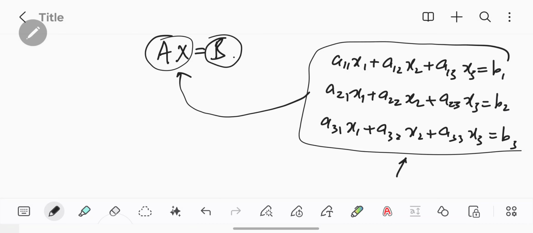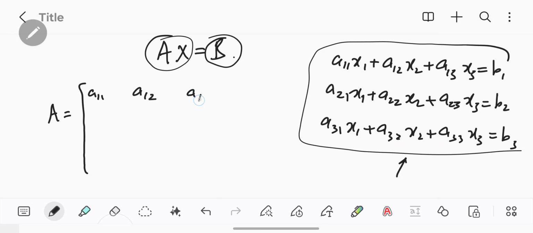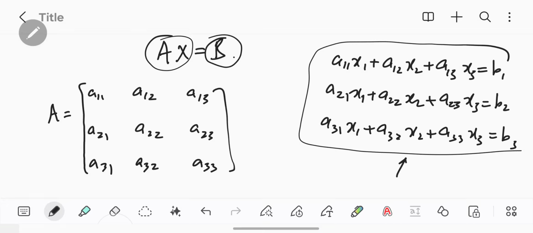So how can we write it? Here A is equal to the coefficient matrix with elements a11, a12, a13, a21, a22, a23, a31, a32, and a33. These are the coefficients of the linear equations: the first row is the coefficients of the first equation, the second row is the coefficients of the second equation, and the third row is the coefficients of the third equation.